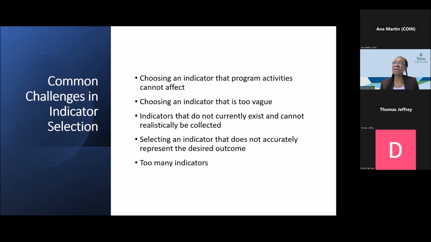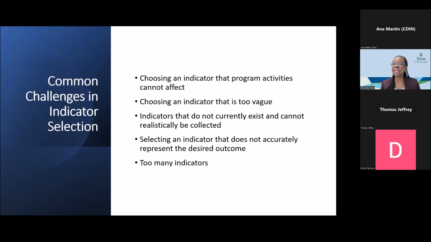Sometimes a project doesn't have enough funds or resources to measure an indicator. And so sometimes one also wants to use indicators that may be collected by another organization or through another survey to measure the indicator, kind of like as a proxy.